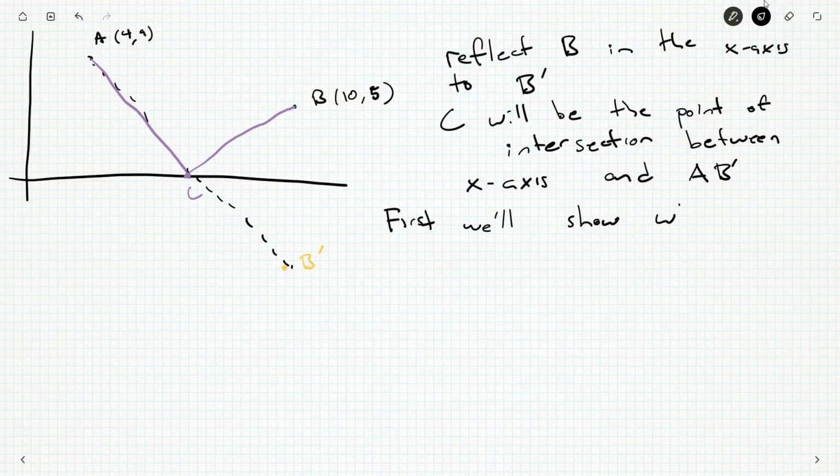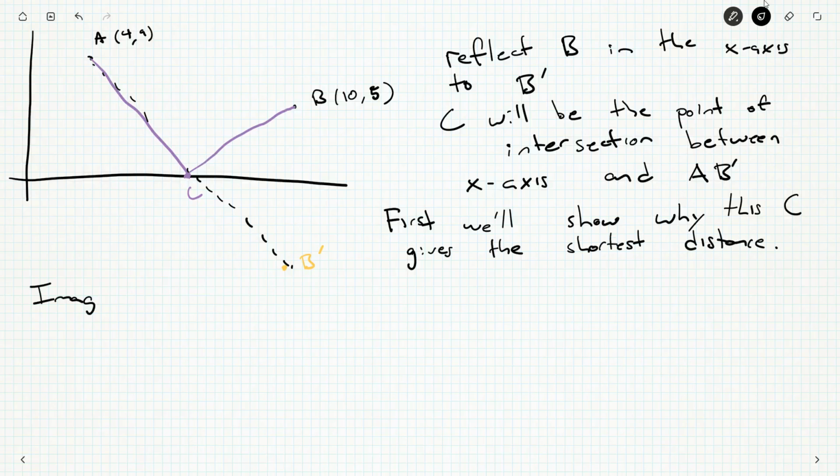First, we'll show why this C gives the shortest answer, or gives the shortest distance. Okay, so let's imagine we had another point C prime.